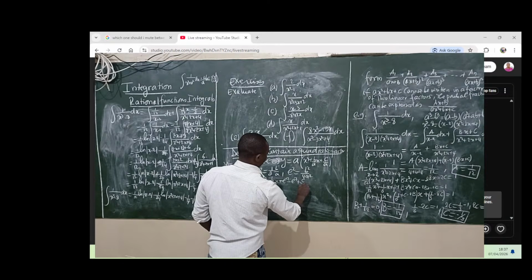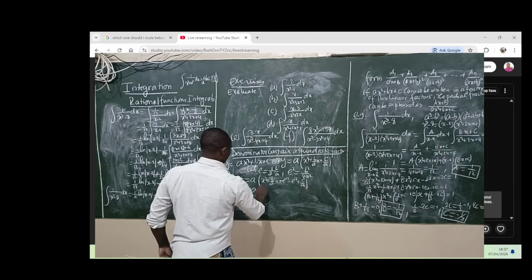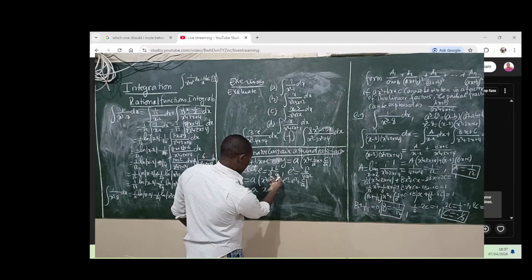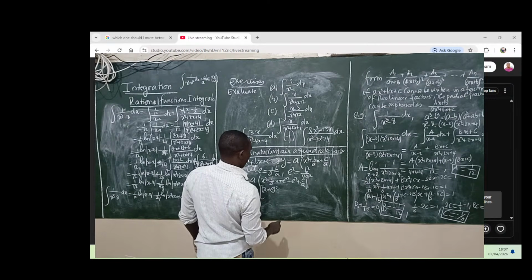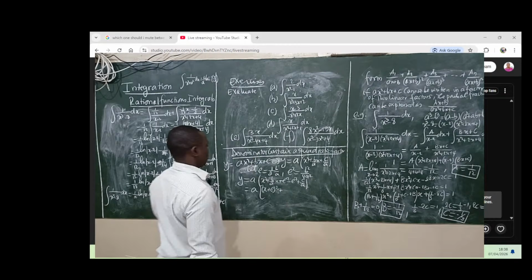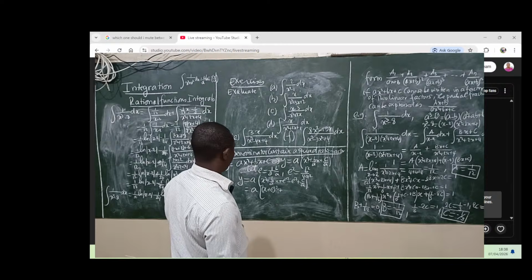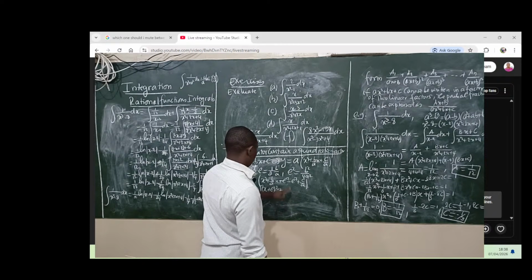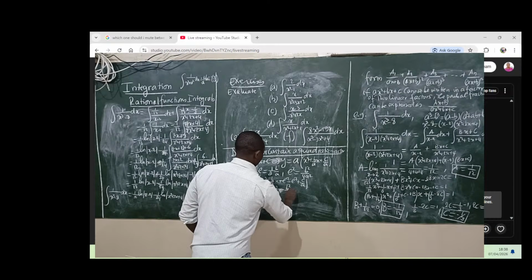This is going to be a into x plus e to the power 2, minus b squared by 4a squared plus c over a.